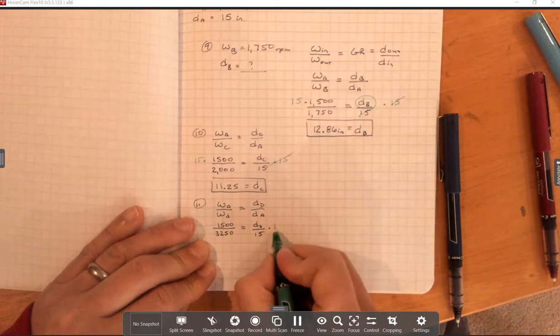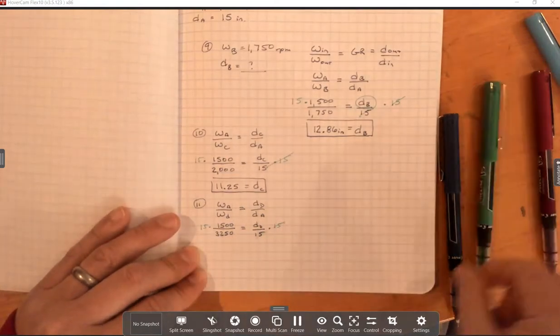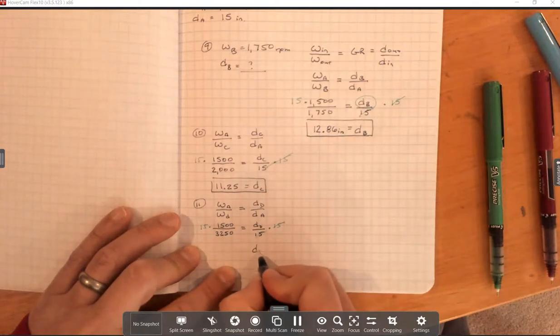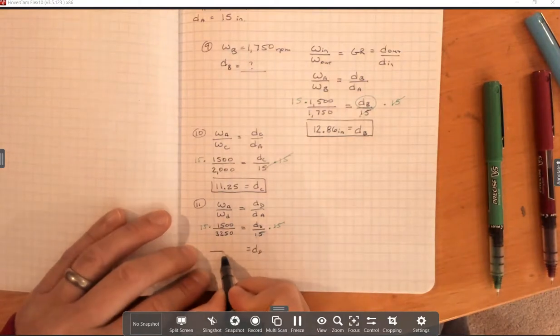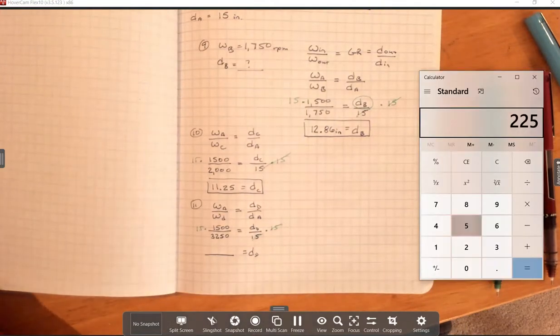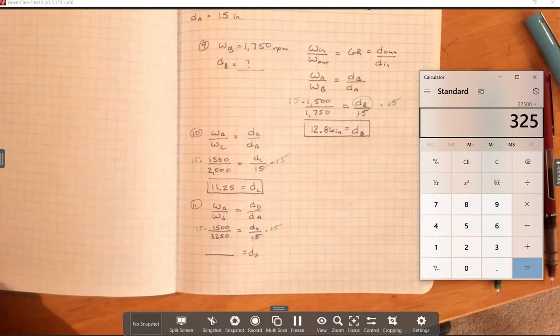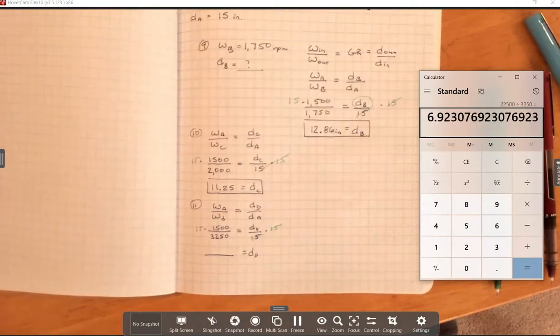We will multiply both sides by 15 again to get that required diameter. So our 22,500, that's our 15 times 1500, gets divided by 3250, and it's 6.92.